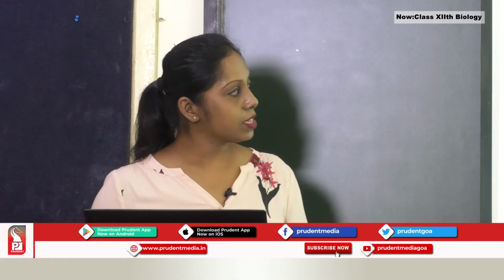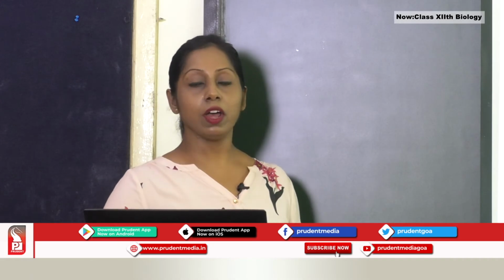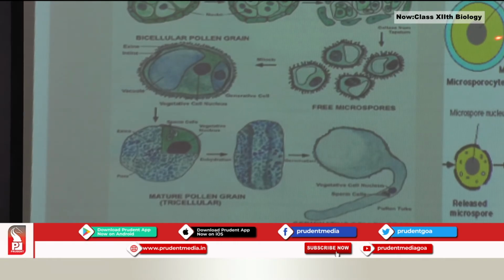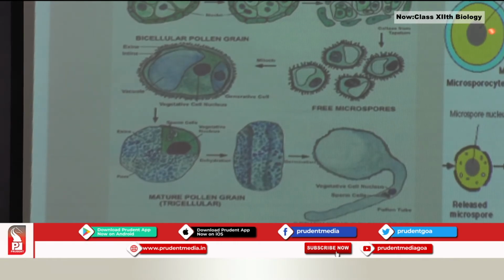So let us try to understand the development of the pollen grain now. Here you can see again, I have shown you a single pollen mother cell. This single pollen mother cell with the diploid nucleus undergoes meiosis 1 to form 2 cells, basically 2 nuclei inside the cell, followed by meiosis 2 having 4 nuclei.